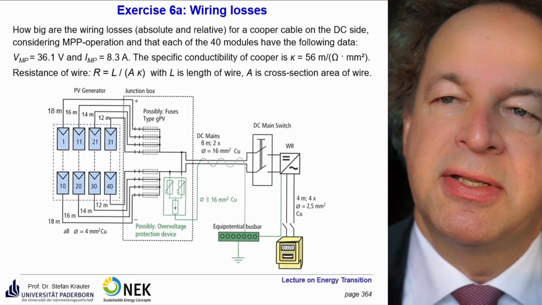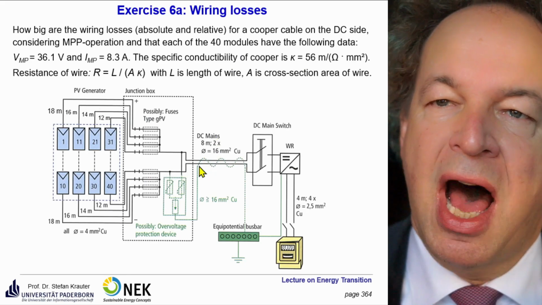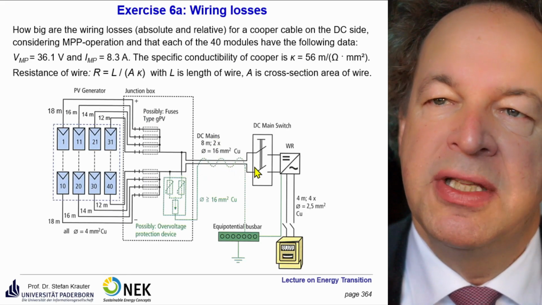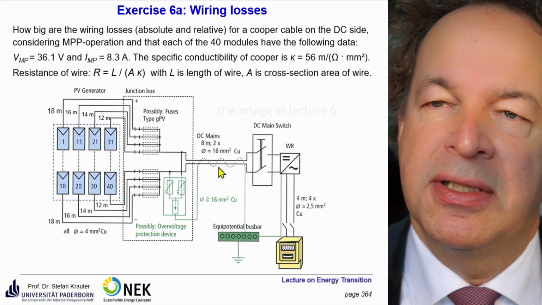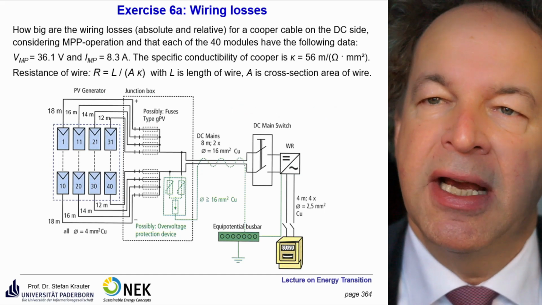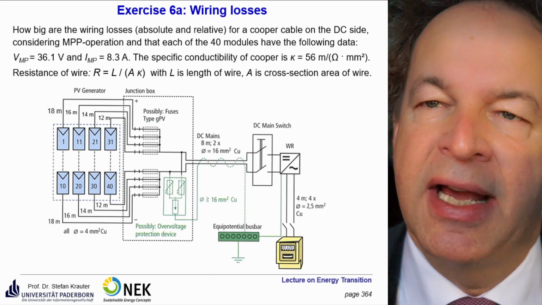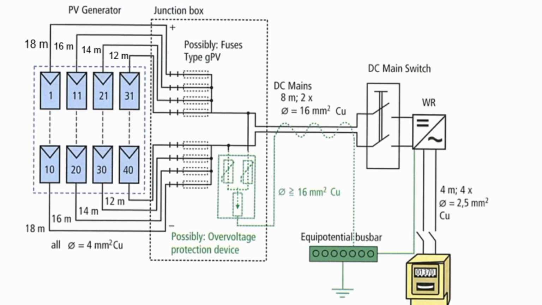Go back a little bit. So here you see it's still the main cable. This is after the connection box to the DC switch. Sometimes it is also integrated in the box, as you saw in the picture in the image, but here it's separate, and we have to bridge a length of 8 meters.